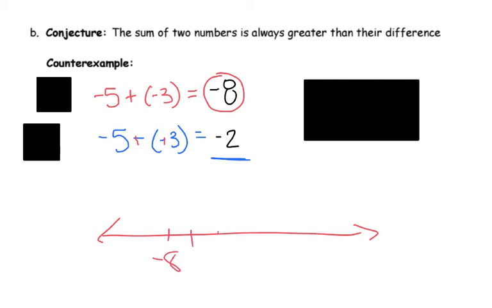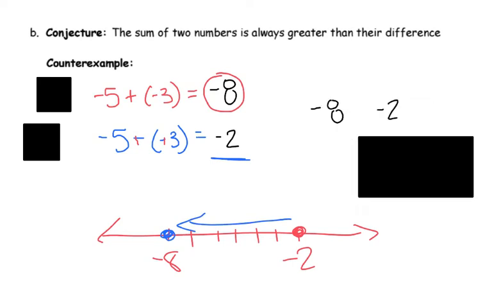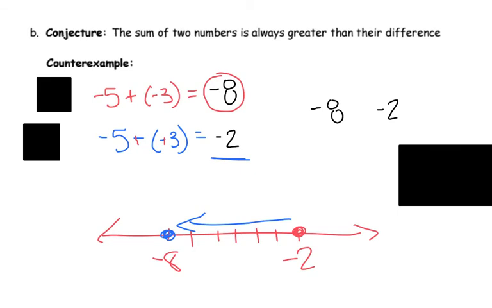All right, so this is where negative 2 would be. This is where negative 8 is. Notice negative 8 is definitely not bigger than negative 2. They say that negative 8 is greater than negative 2, but we already know that that's actually not true.